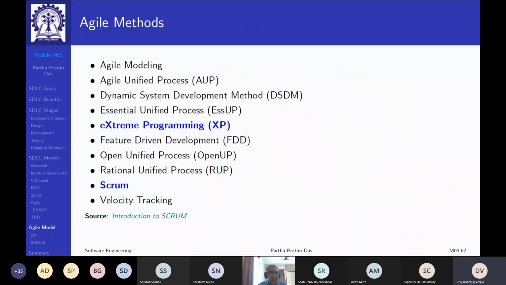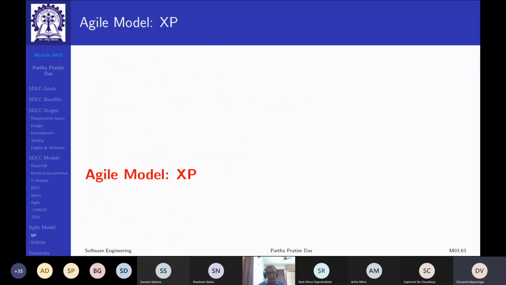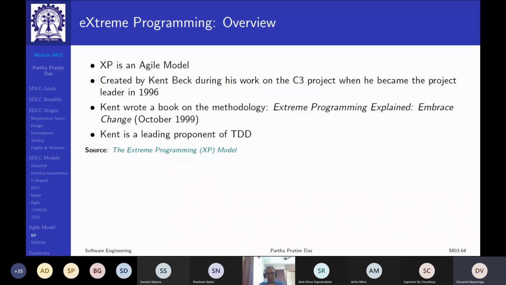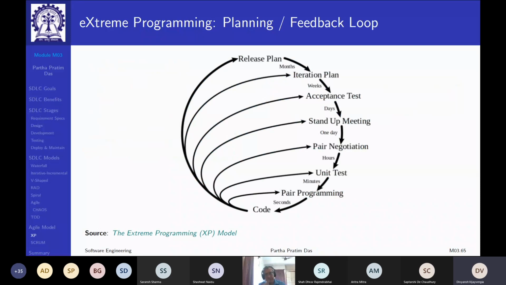There are several Agile methods, of which extreme programming is very popular. Scrum is really popular these days. Extreme programming again came from Kent, the proponent of TDD, as I said. This is just a different view of Agile, like we talked about: there's a release plan, the iteration in weeks, acceptance tests, a stand-up meeting, as I was saying.